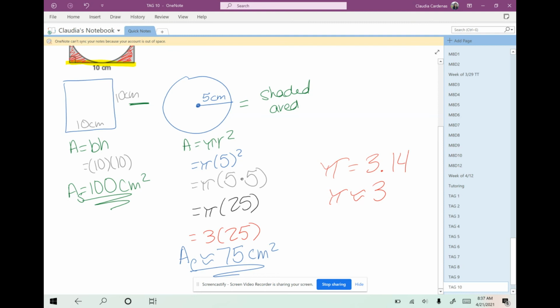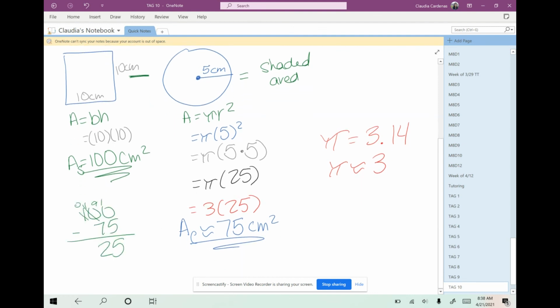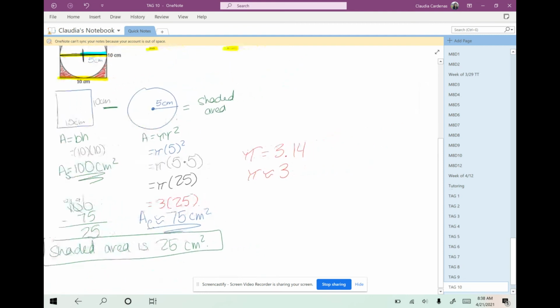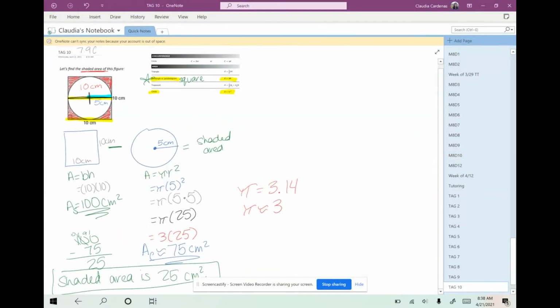Okay. So now that we have found the area of the square and the area of the circle, how do we find the area of the shaded region again? Well, we need to subtract. And so I see that the shaded area is 25 centimeters squared. So let's stamp that our plan is very similar to what we did yesterday with area of composite figures.